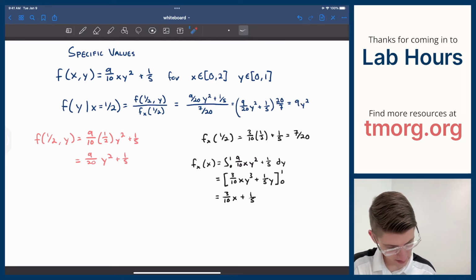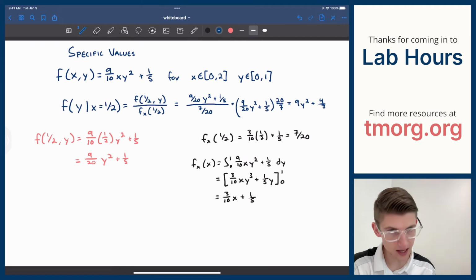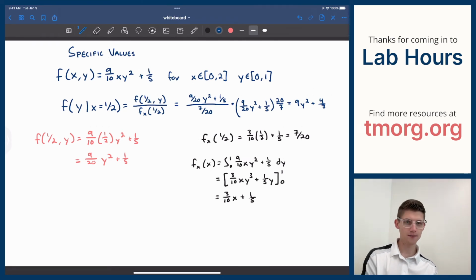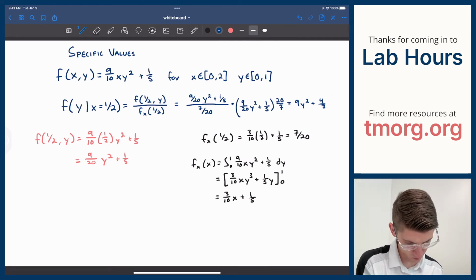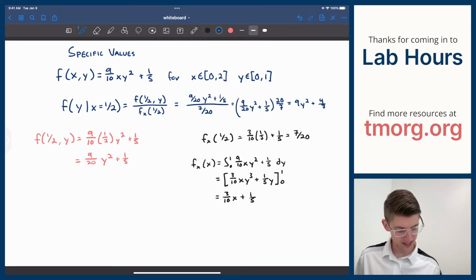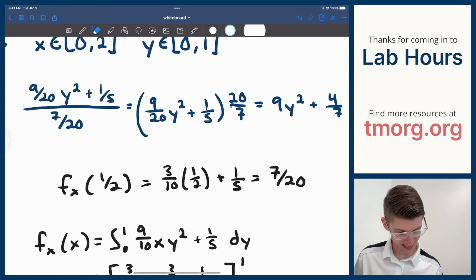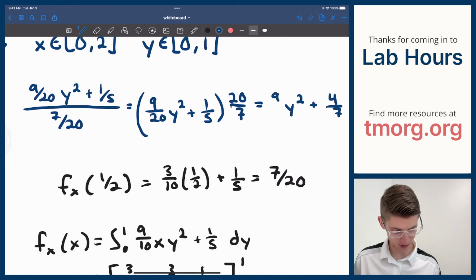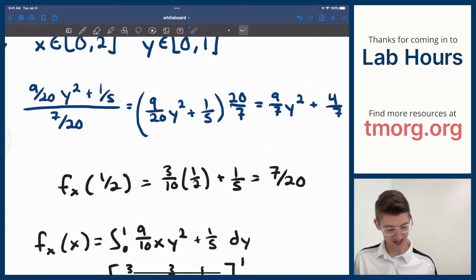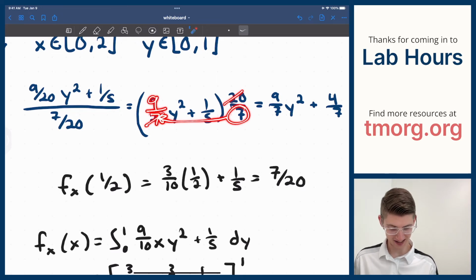And then this 20 is going to turn into a 4, and this 5 is going to cancel. So that will be 9y squared plus 4/7, right? Oh, it's not 9y squared. Pardon me. That's 9/7 y squared. Because this 20 canceled, but the 7 doesn't cancel with anything, so it just turns into 9/7, right?